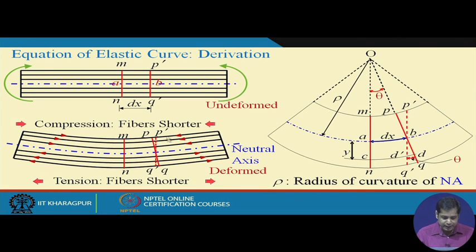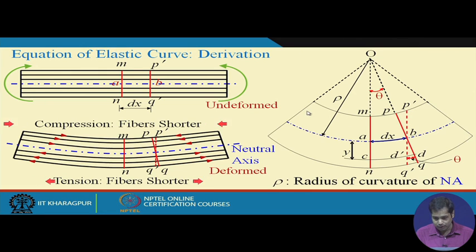Now what we do is take this part, zoom into it and draw it here. This is the neutral axis, and this is the larger view of this part. Now the top fiber is under compression and the bottom fiber is under tension.